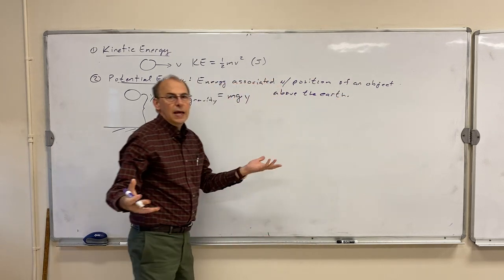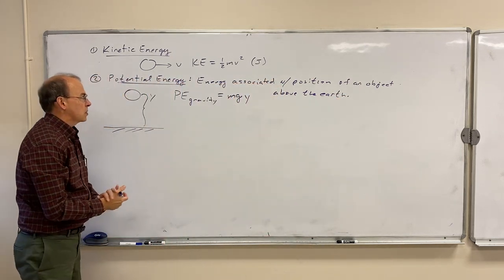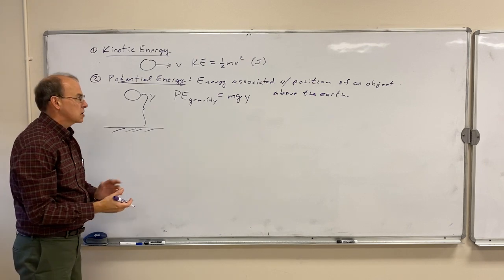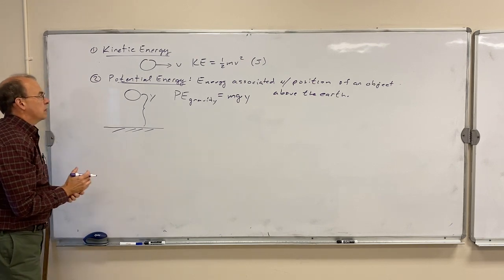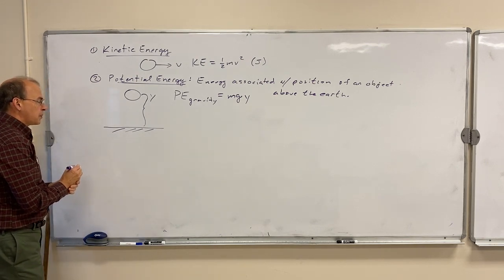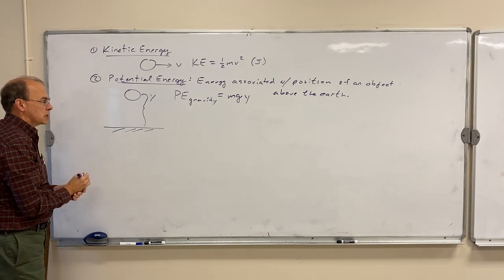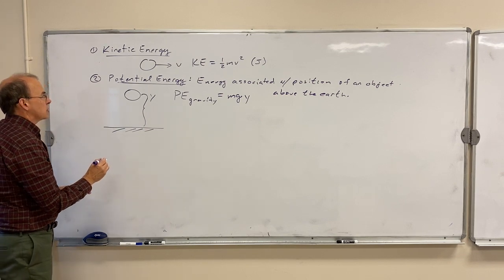And of course, if it's negative, it'd be below the surface of the earth, or it could be above or below something else. That's called the gravitational potential energy.